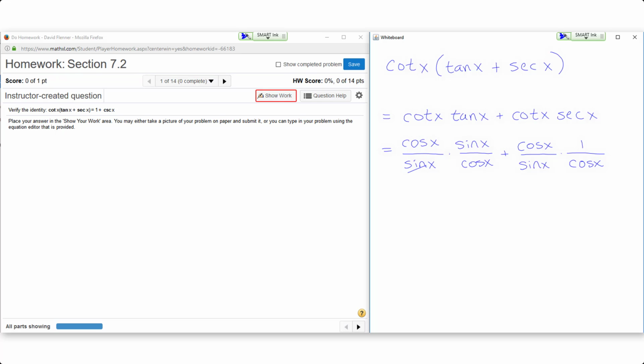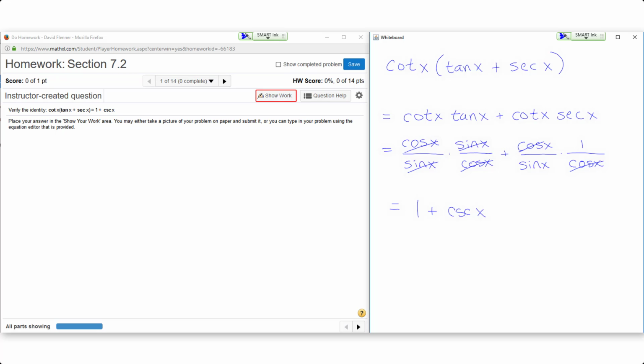So in the first set of fractions, the sine and cosine all cancel away. In the second fraction, I have a cosine in the numerator and denominator that cancel. So this becomes 1 plus, and then 1 over sine is going to be cosecant x. And now I'm at the right-hand side of that equation, so therefore I've proven this identity.